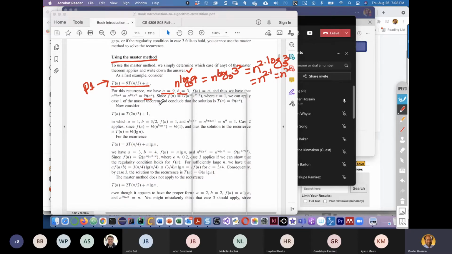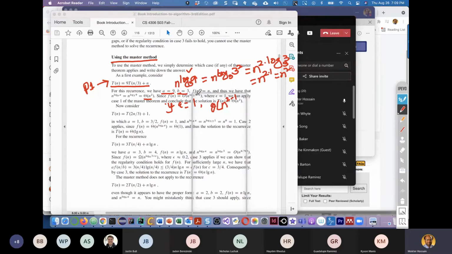Now if we compare with f(n), if we take epsilon equal to 1, then this part will be theta of n to the power 2 minus 1, that is, theta of n squared minus 1.